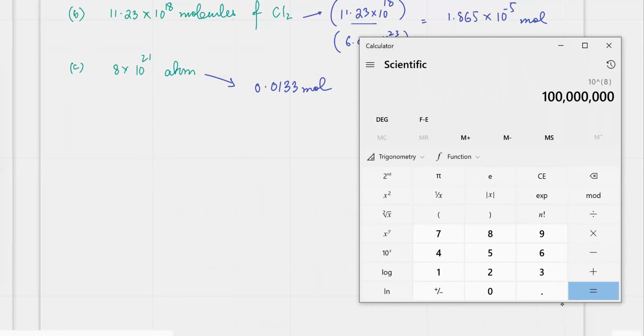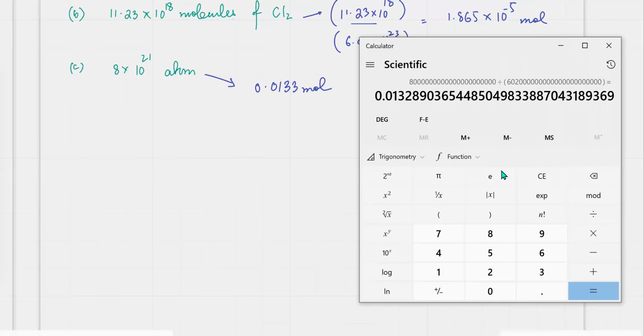How do I write this? 8 exponent 21. Right? So I think that's fine. And I'm going to divide that by 6.02 exponent 23. And I'm using brackets. So I get this thing. So that's it, now you round it off at this point.